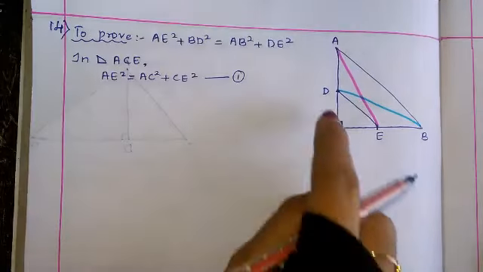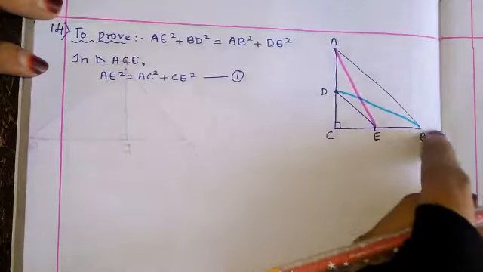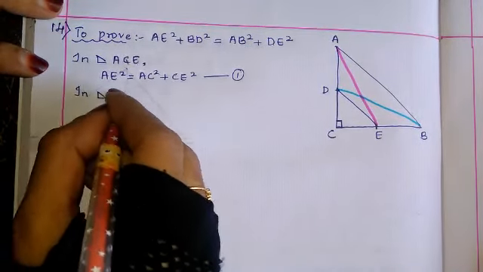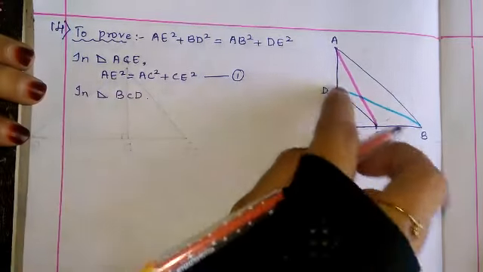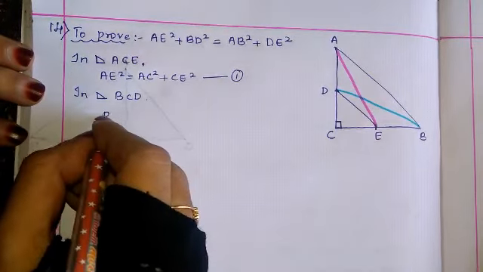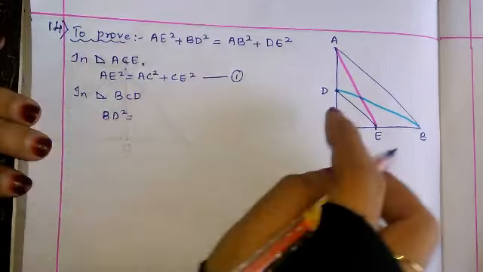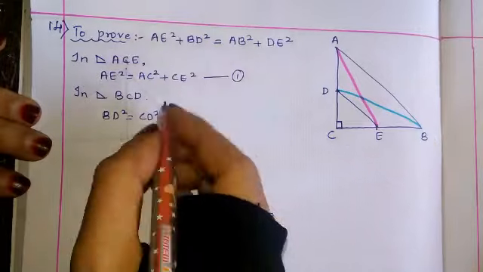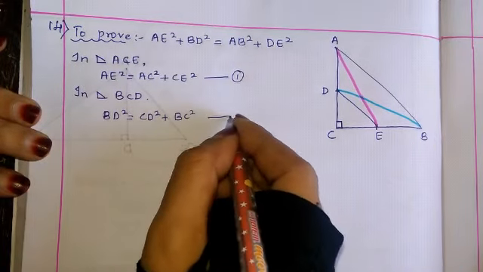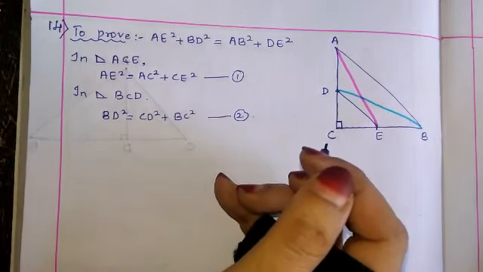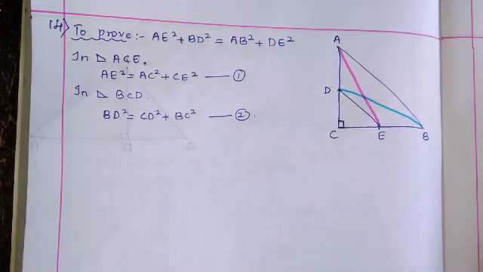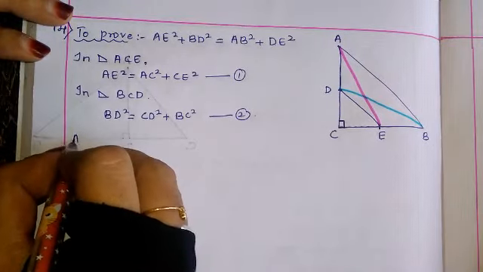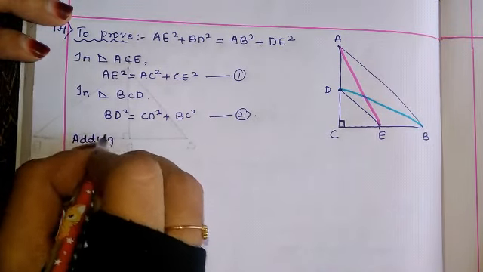Now one more right angle triangle we can see, BCD. Blue color is the hypotenuse. In triangle BCD, BD square is equal to CD square plus BC square. Let us consider this as equation 2. Now adding 1 and 2, what will we get?